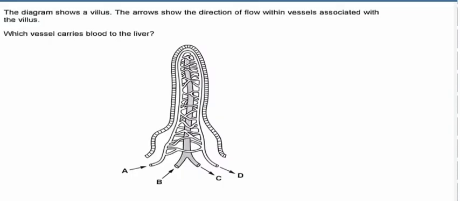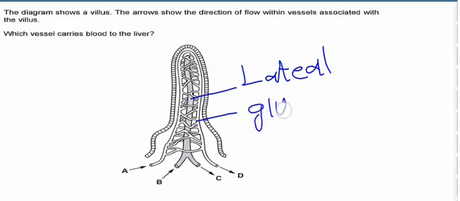To know which vessel carries blood to the liver, you need to know the function of this part here, which is called the lacteal. So the function of the lacteal is to transport fatty acid and glycerol. So fatty acid and glycerol don't go direct to the liver. Then we also have the blood capillaries. So these blood capillaries transport the glucose and amino acids.